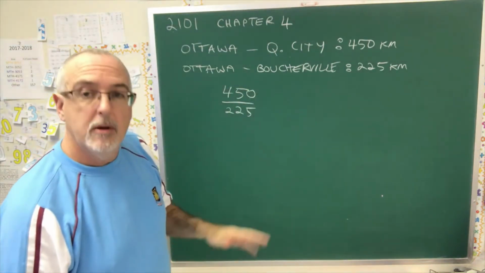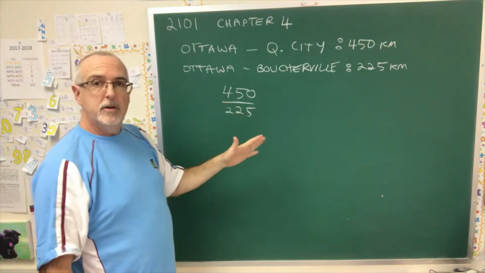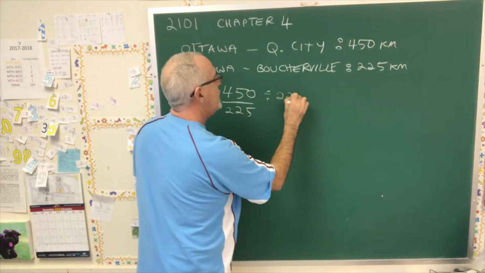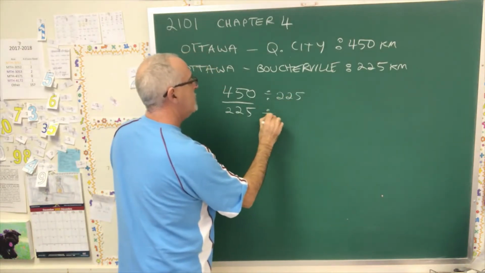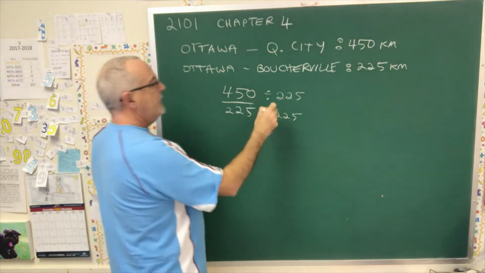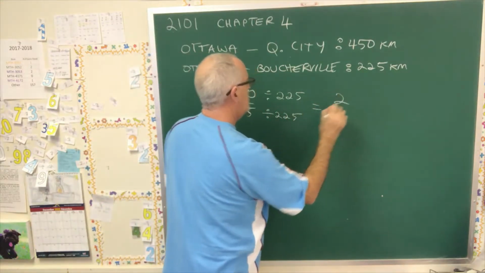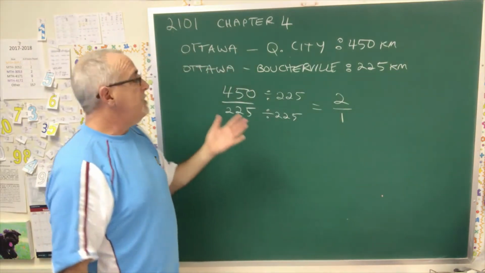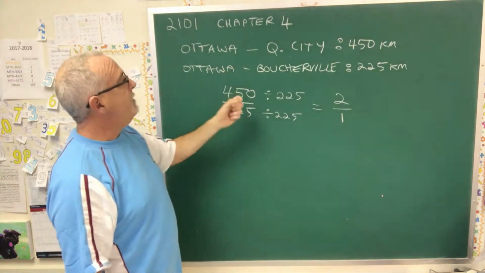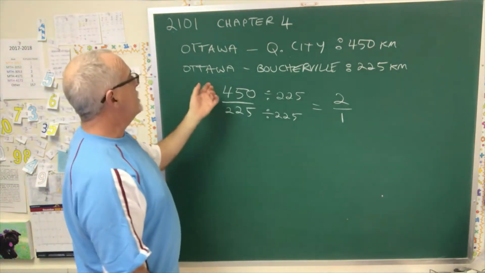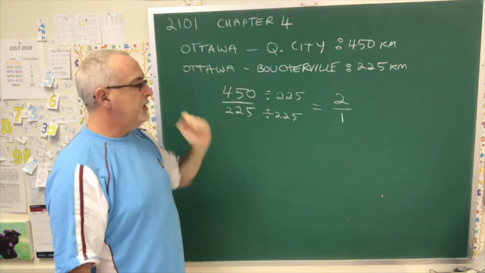The next thing I'm going to do is simplify the ratio by 225, meaning I'm going to divide both of these numbers by 225. 450 divided by 225 is 2. 225 divided by 225 is 1. I have a 2-to-1 ratio. It means that the distance you have to drive between Ottawa and Quebec City is twice as far as the distance you have to drive between Ottawa and Boucherville.